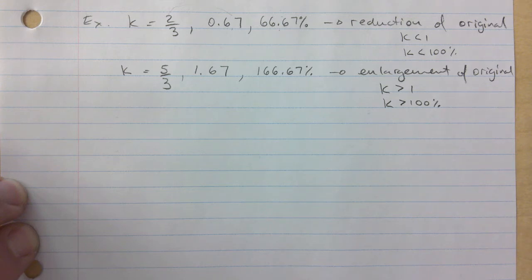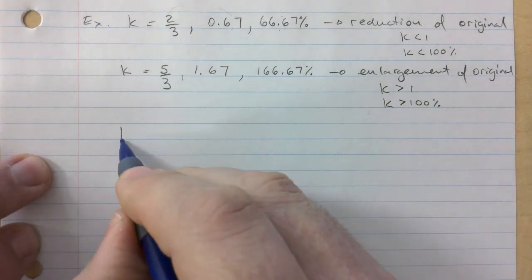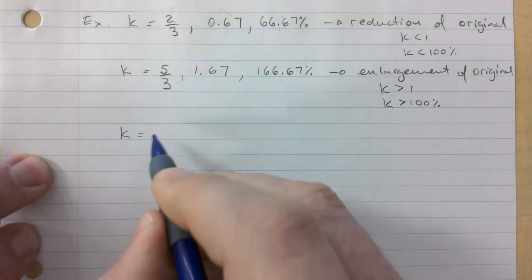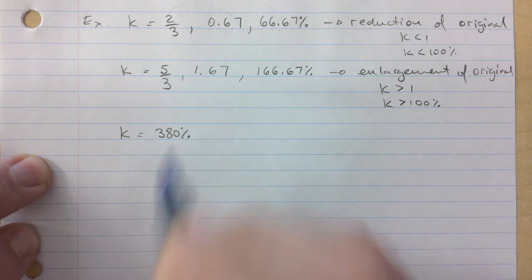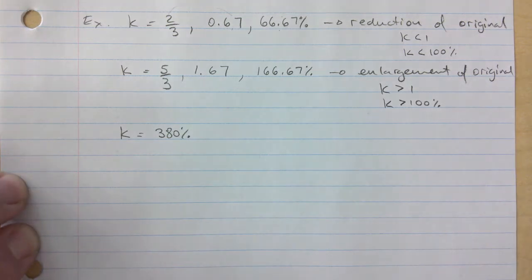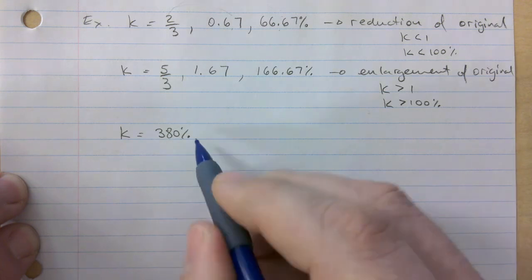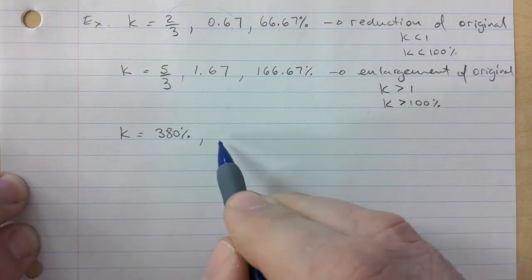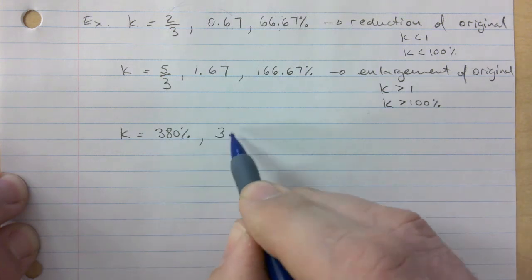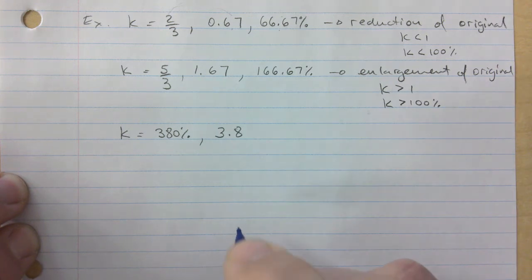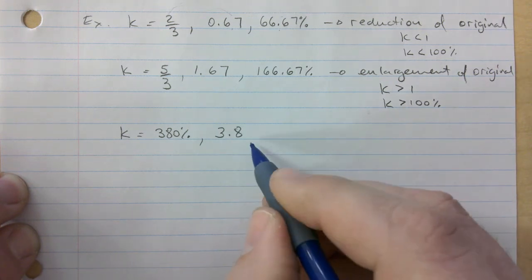And we have, what if K would be 380%, for example? What would you do there? You could turn it into a decimal, dividing that by 100, so that's 3.8, right?